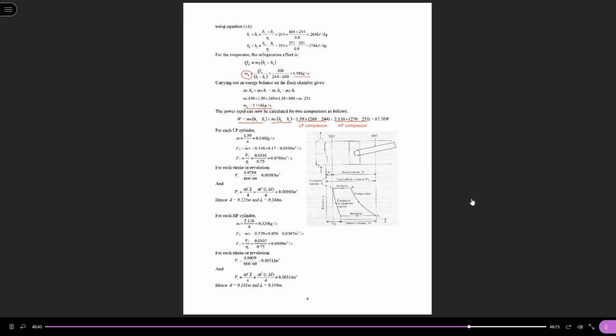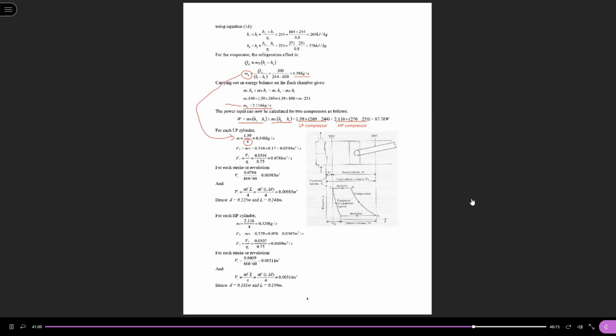So for each low pressure cylinder, because we are asked to calculate the bore and the stroke of the cylinder, first we need to remember that each one has 4 cylinders. Okay, this is for the low pressure cylinder.